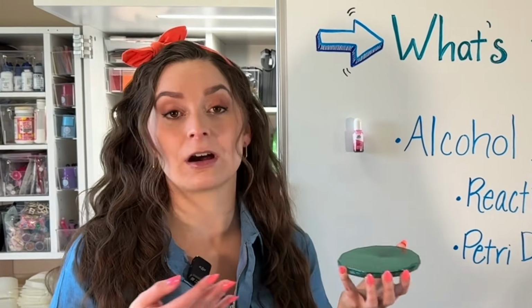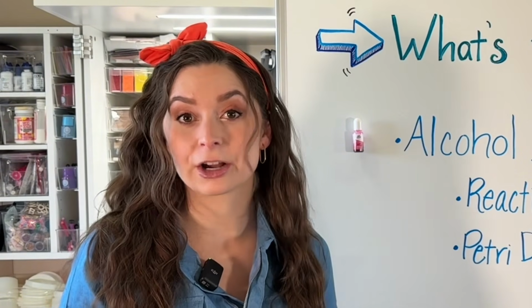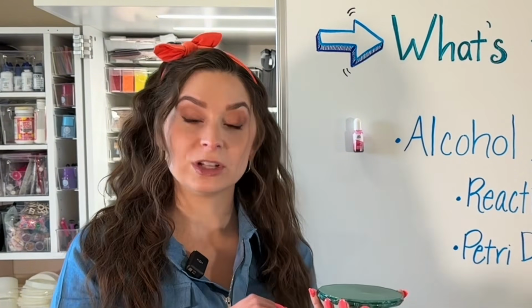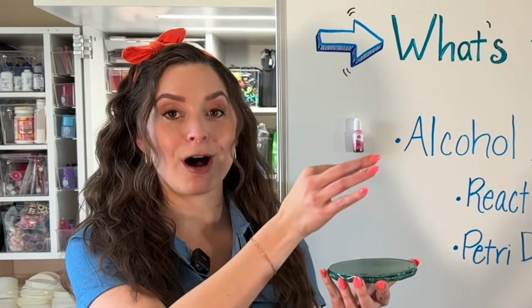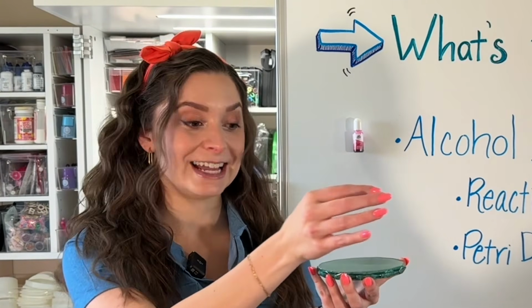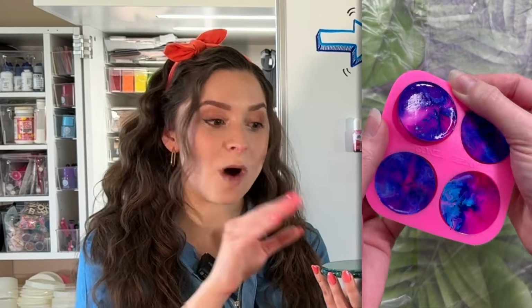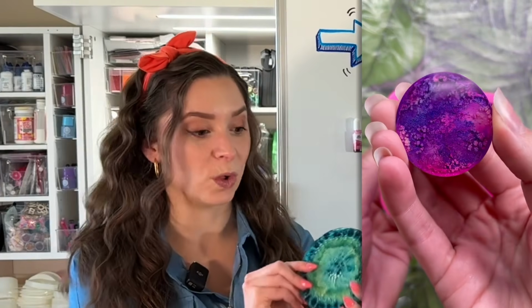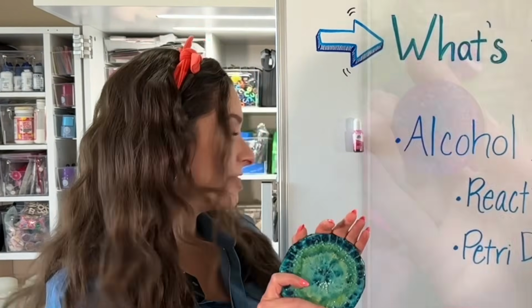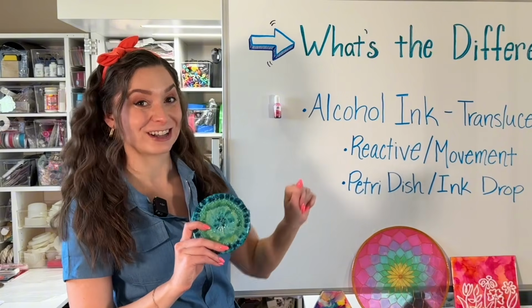I usually use our Amazing Clear Cast or our Clear Cast Plus. You pour it into your mold and then you just drip drops of alcohol ink right into the resin. You don't mix it around or anything, you just let it do its thing. And while the resin cures, it's gonna move around and create these really cool textures and shapes. So this effect right here, this Petri dish, is an awesome way to use it.